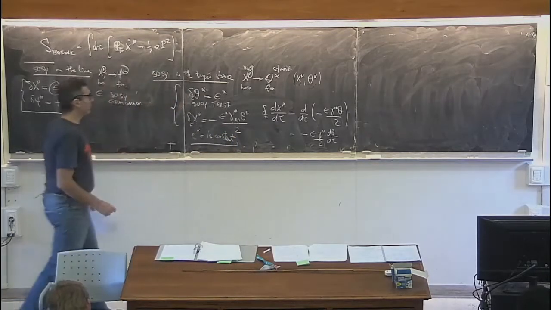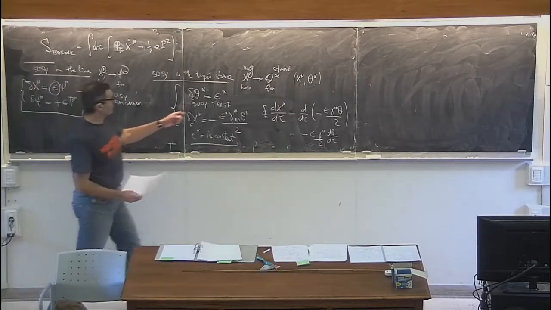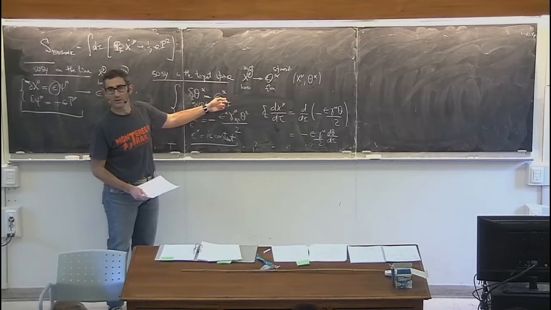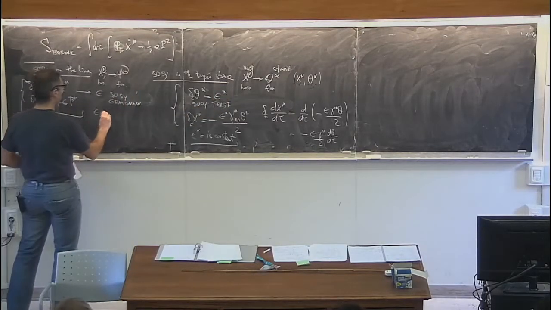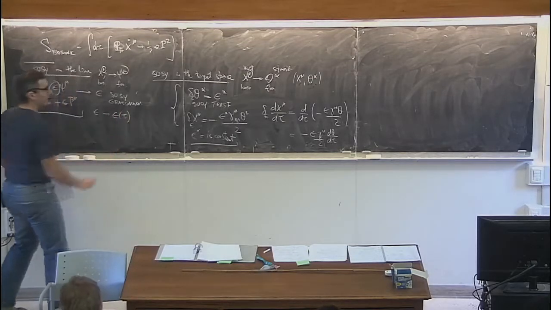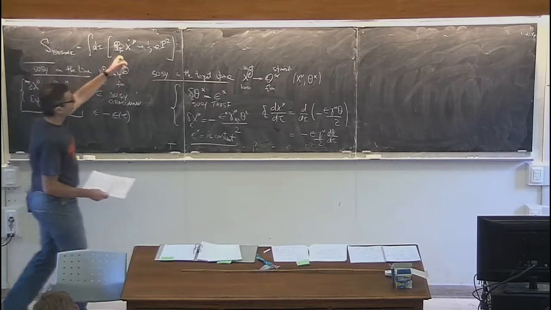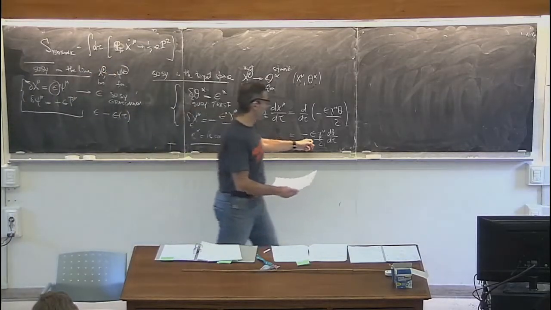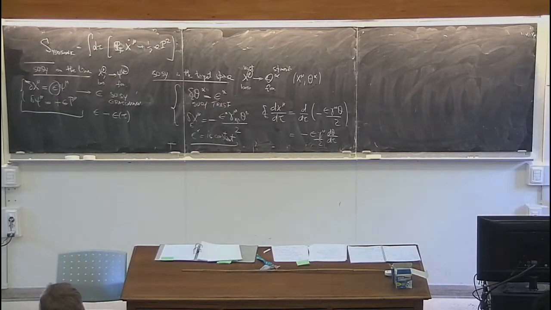I'm not going to promote it to a local parameter, so I'm not going to do local supersymmetry transformations in the target space. Before, I promoted epsilon to a local parameter, so epsilon became a function of tau, and then I derived the local supersymmetry transformation for the action. Here, I'm not going to do it, so epsilon will remain a constant parameter.